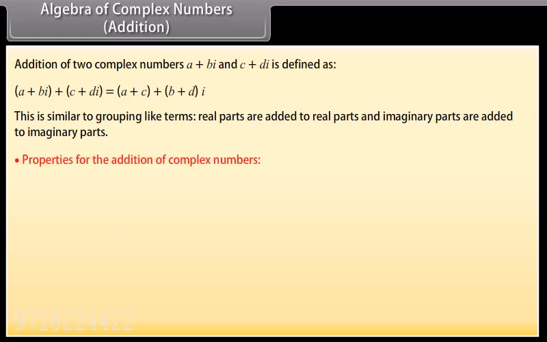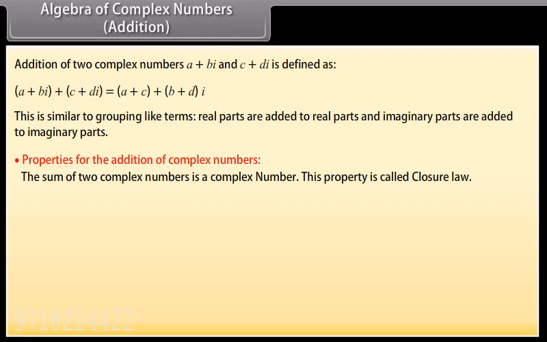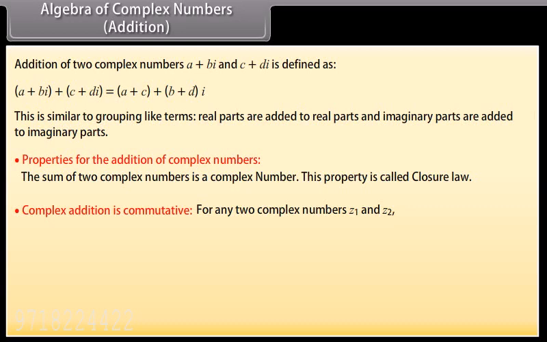Properties of the addition of complex numbers. The sum of two complex numbers is a complex number. This property is called closure law. Complex addition is commutative. For any two complex numbers Z1 and Z2, Z1 plus Z2 is equal to Z2 plus Z1. Complex addition is associative.